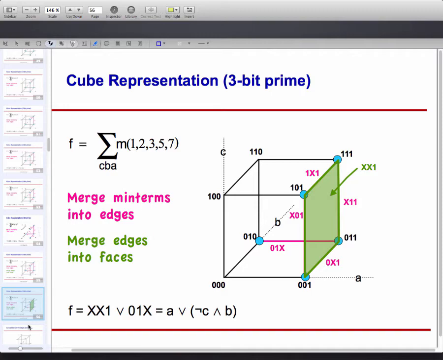So a face could be written as xx1, and in this nicely behaved function, I could indeed create a face. So now my strategy would be, I'm going to start with this cube, I'm going to put the vertices, and I'm going to start clustering the minterms, those vertices where the function had a 1 value, together into as large clusters as possible. Clusters would be powers of 2, so there will be either an edge or a face or in a higher dimension a cube or hypercube and so on.